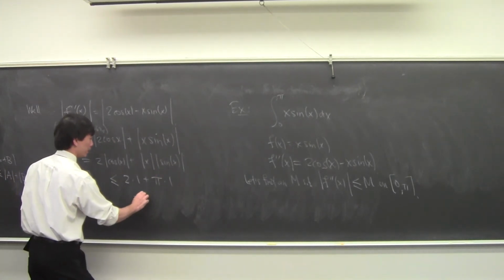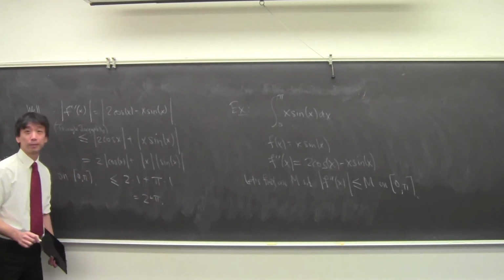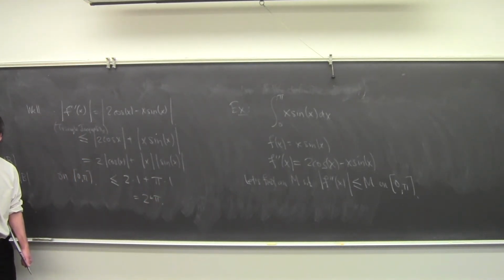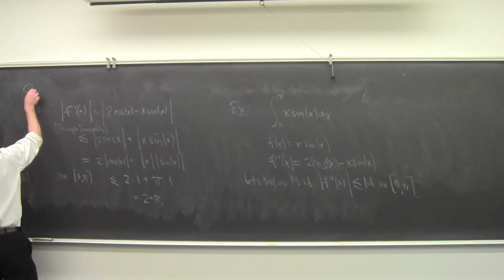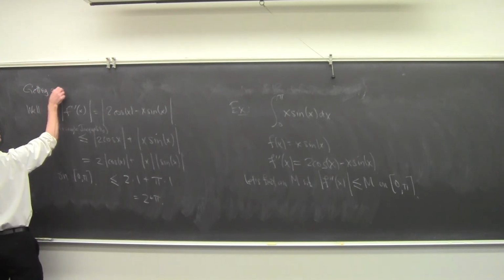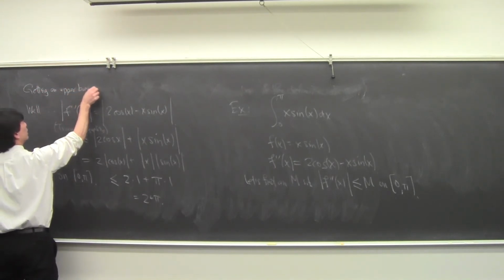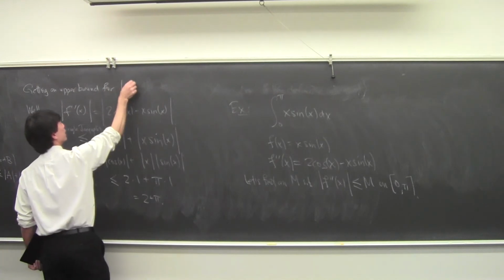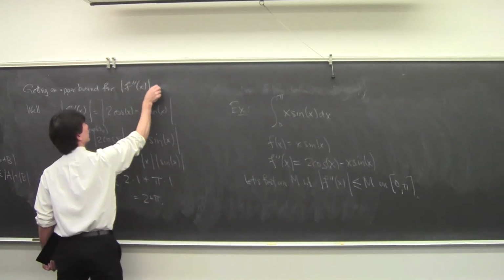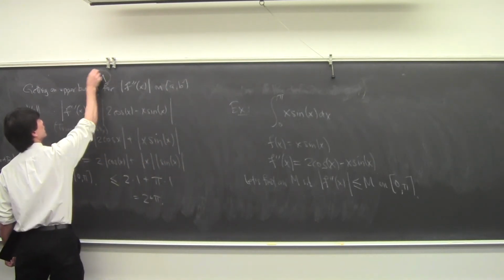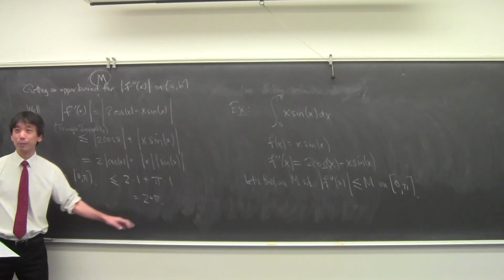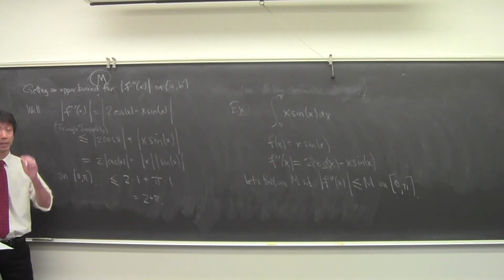So in the end, I get 2 plus pi. So that's getting an upper bound for the absolute value of f double prime of x on my interval a b. This is the m that we're going to use.